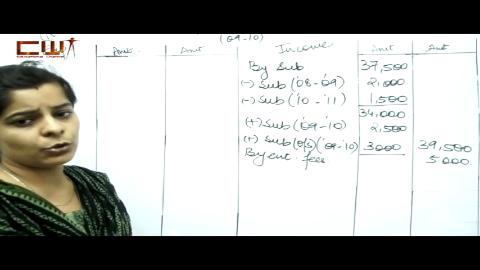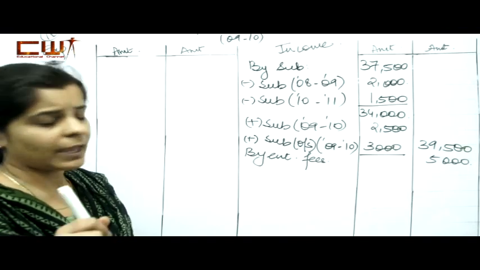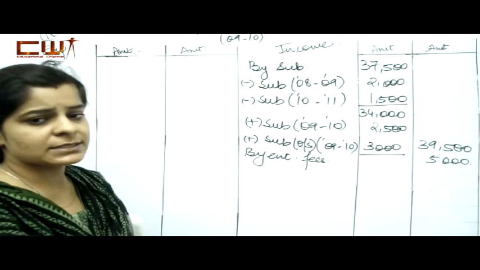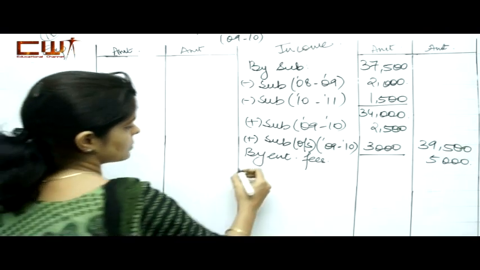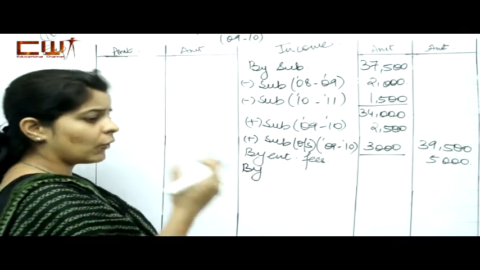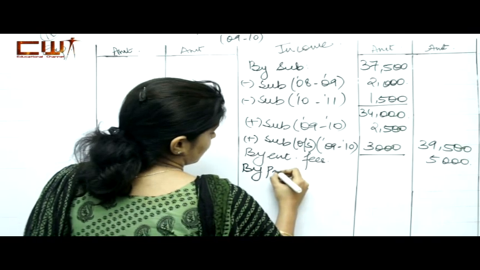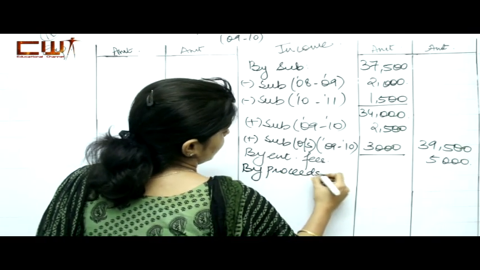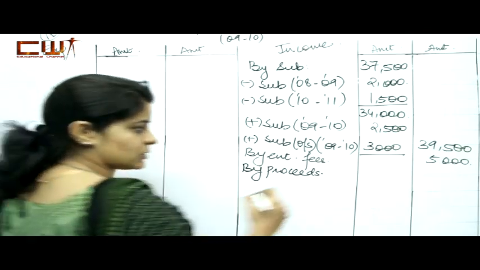Then they have given you proceeds. See, they have given the proceeds of the drama, and they have also given the expenses of the drama tickets. So first write the proceeds. Proceeds means when you are selling the tickets, what you are getting is known as proceeds. Always remember, proceeds of drama, how much have they given? 22,000.